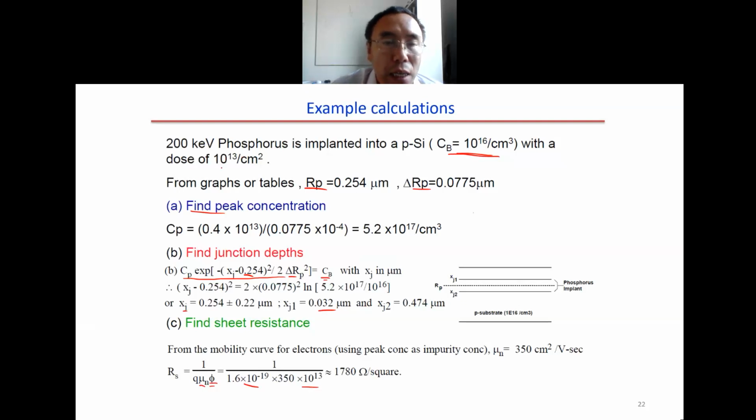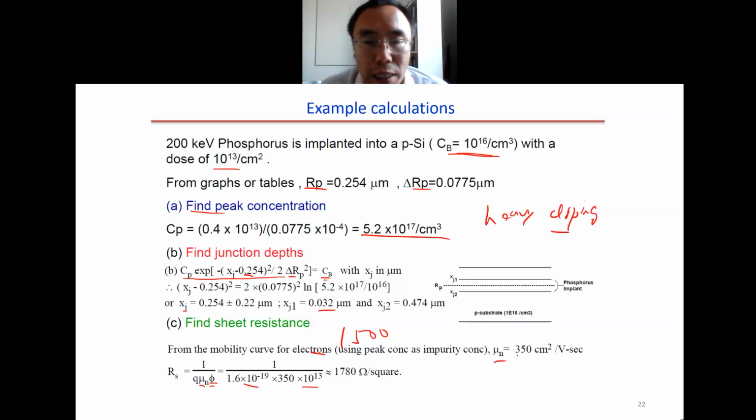Normally, we know that for electrons the mobility is about 1,500. But in this case we have heavy doping. When we have heavy doping, the mobility is much lower than this value because of the scattering of the electrons by the dopant atoms. So it's only 350 here. Then we get this sheet resistance.